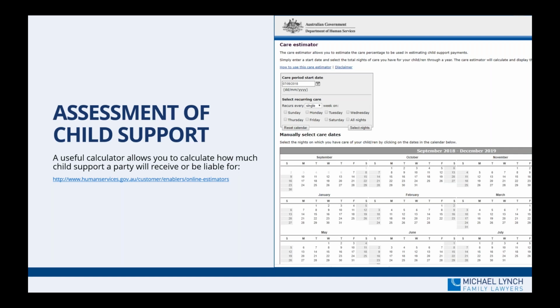If you are particularly concerned, you of course could adjust names and those details, but it is important that you put the right number of nights and the right age for the children, because that of course will affect the assessment. But by far and away, that is the easiest tool and most practical tool that we recommend to our clients, and I'd encourage you to recommend to your clients.